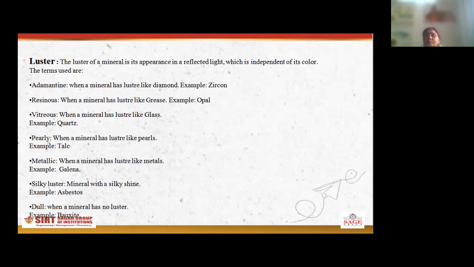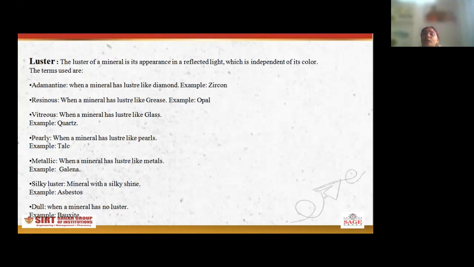Vitreous: when a mineral has a luster like glass. Most of your sanitary wares have a vitreous luster, like quartz. Pearly: when a mineral has a luster like pearl. Example, talc. Talc is a mineral used for the preparation of talcum powder.